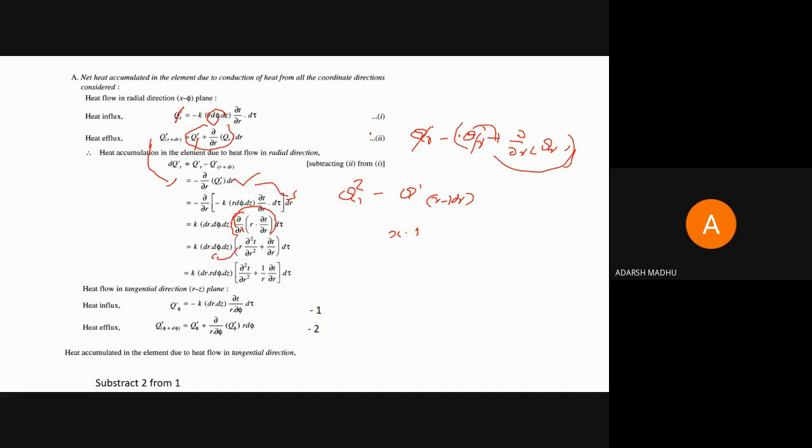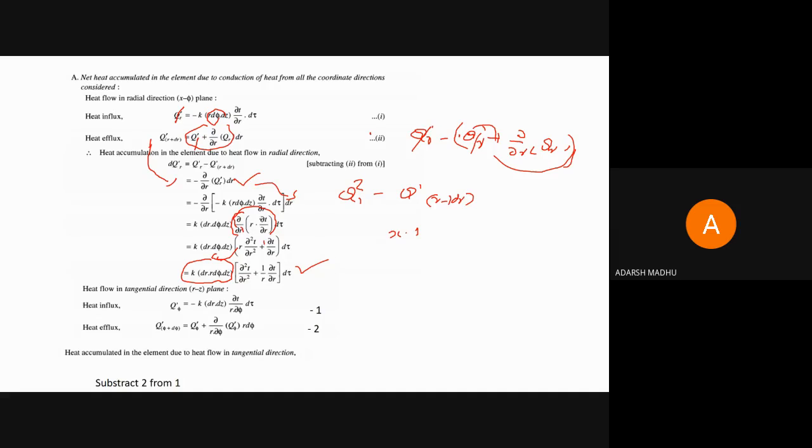When r is taken outside, we cannot take r out of the bracket unless it is multiplied or divided by the next term, right? When r is taken out, here 1/r will come, right? So dou square t by dou r square plus 1/r into dou t by dou r is the remaining term. Okay, we have taken the volume outside and the remaining term is this.